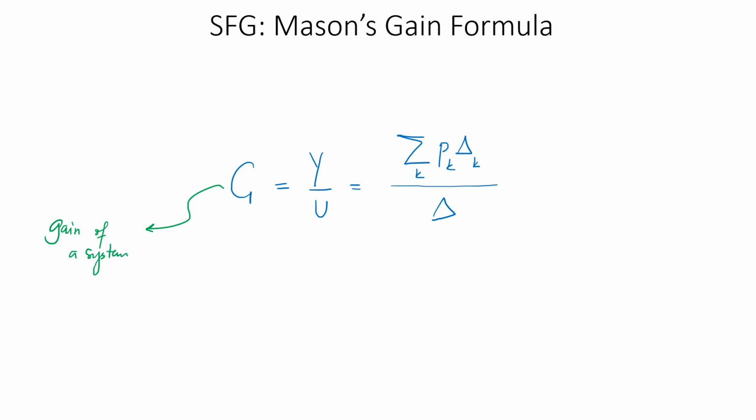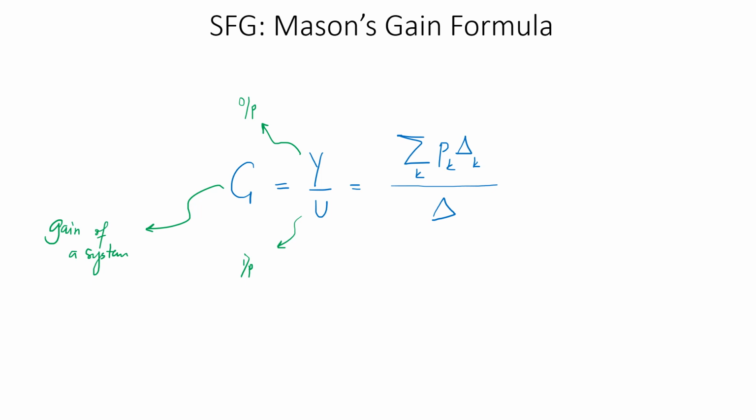Since you can see that this is indicated like a ratio of output and input, it means that when input is provided to the system, which generates, after passing through all these forward paths, an output, how much gain the system has imparted on that input. So that is the overall gain of the system that we are interested in finding out.